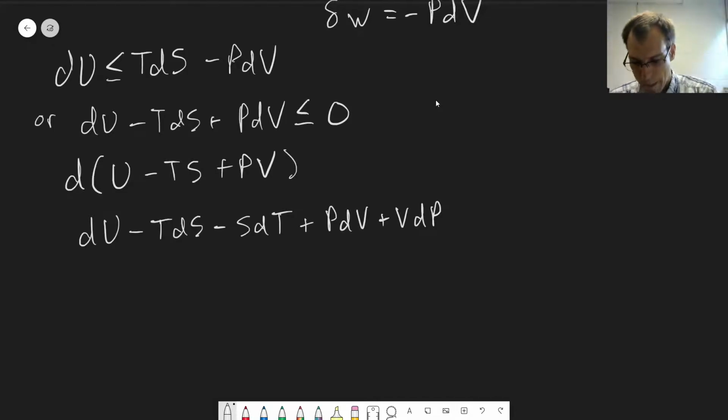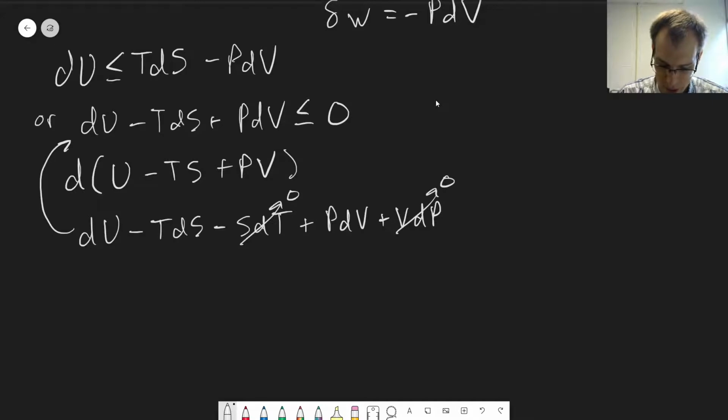Okay, but we have a couple of these terms. We're considering a process that is at constant temperature and pressure, so anything that has a change in temperature and pressure goes to 0. This term goes to 0, this term goes to 0, and we can see that the derivative of this whole thing at constant temperature and pressure is this right here. So we're going to take this part in here, and this is going to be our new state function.